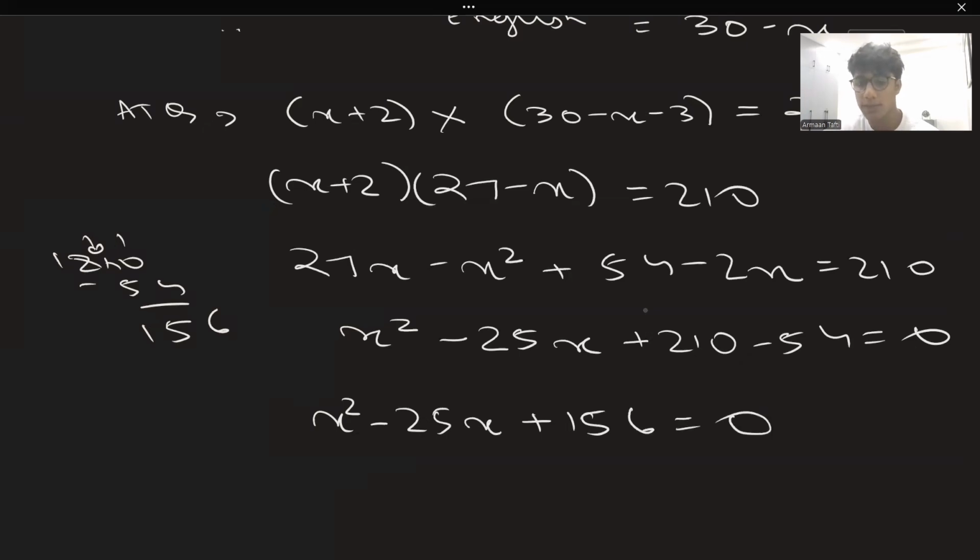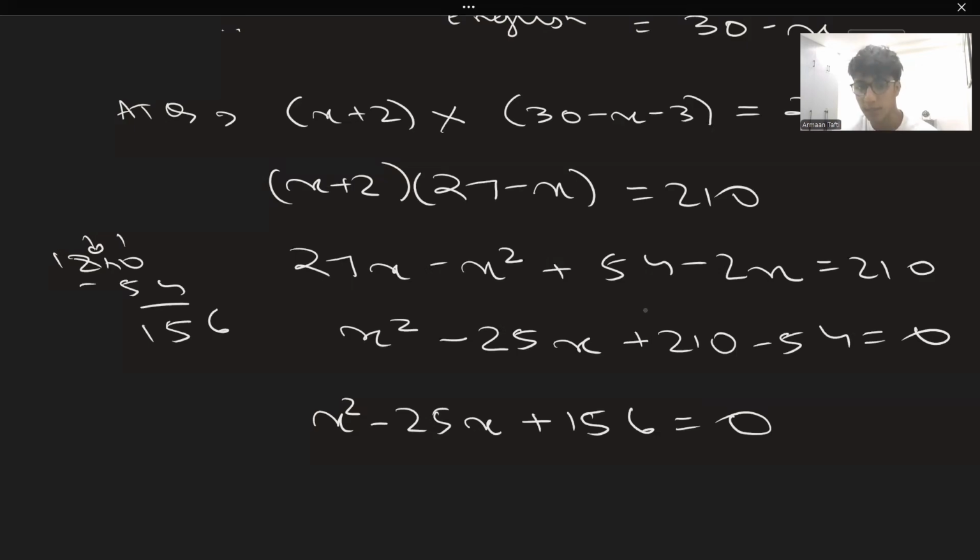Now this is the point where you stop and check if your calculations are correct. So let's just quickly see that 27x minus x squared plus 54 minus 2x is equal to 210. Then when I transpose, I get x squared minus 25x plus 156 is equal to 0.